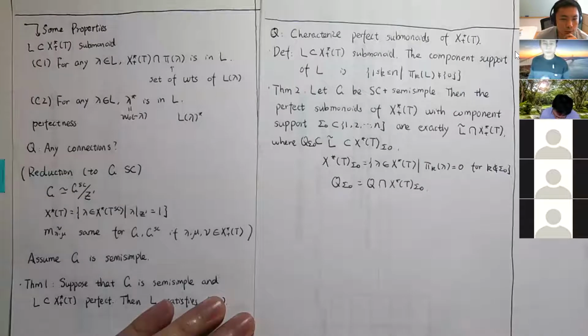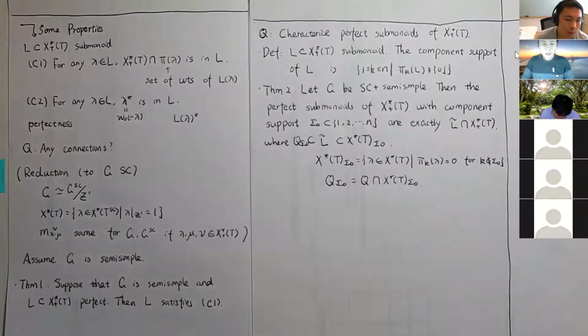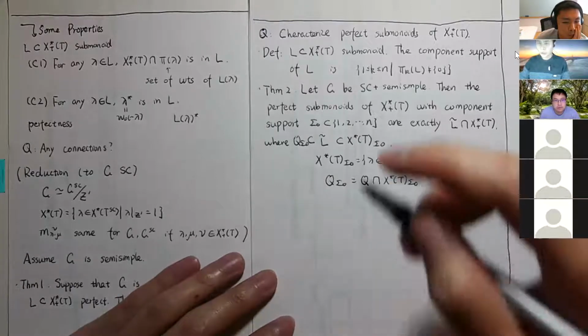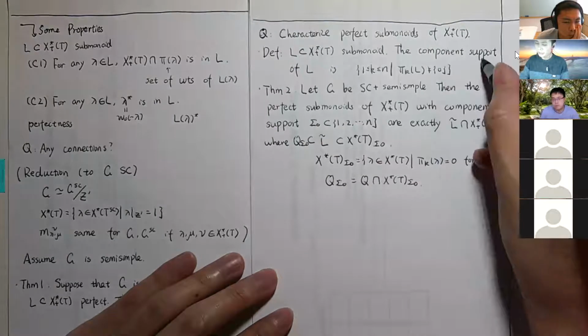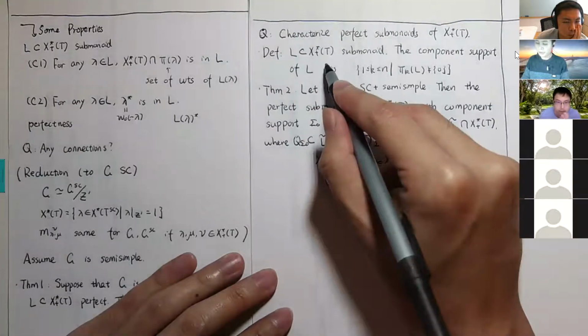Chengze, can I ask a question? Yes. I think maybe I'm just confused by the statement. So the component support, really you want to know which component is non-zero. Just looking at your statement, it's a subset of 1 to n. So what do you mean it's the intersection? Maybe just the phrasing is an issue. Oh, so the component support is something for a perfect submonoid.